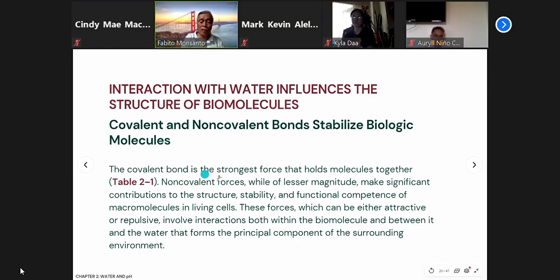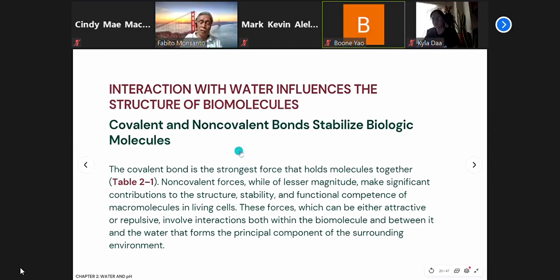Covalent bond is the strongest force that holds molecules together. Non-covalent bonds have lesser magnitude. So, covalent bonds are hard to break, and non-covalent bonds are easy to break.